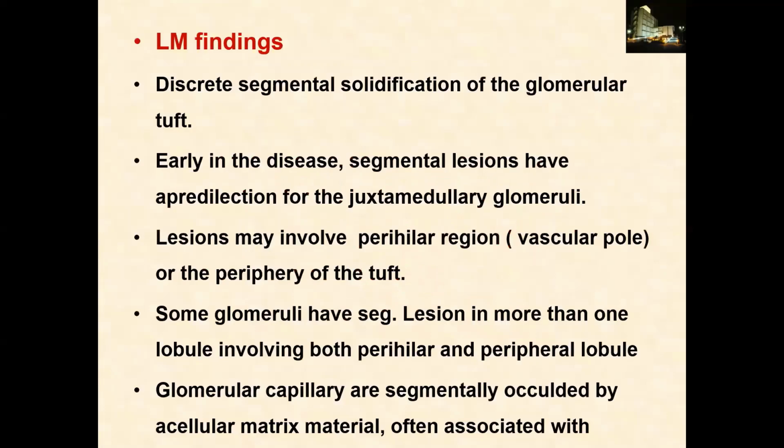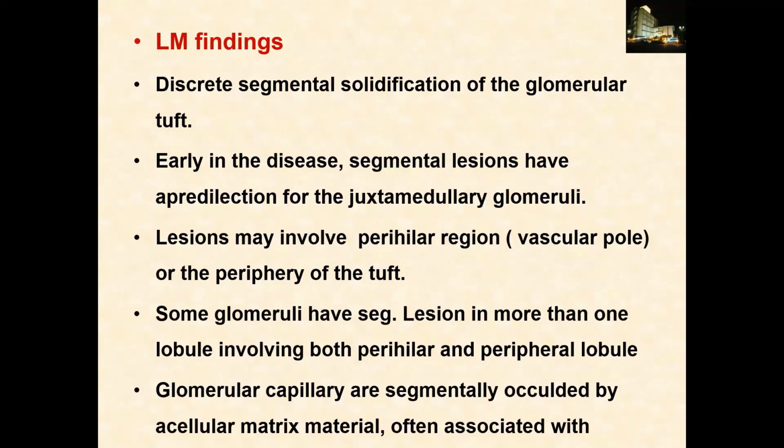The second item responsible for nephrotic syndrome, which is one of the commonest histological types, is focal segmental glomerulosclerosis. The light microscopy finding of FSGS, or focal segmental glomerulosclerosis, is just a description of the name of the disease, where we can find discrete segmental solidification of the glomerular tuft.